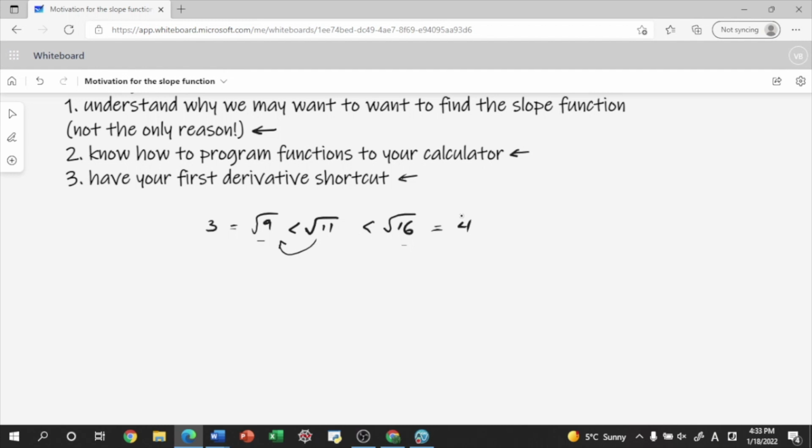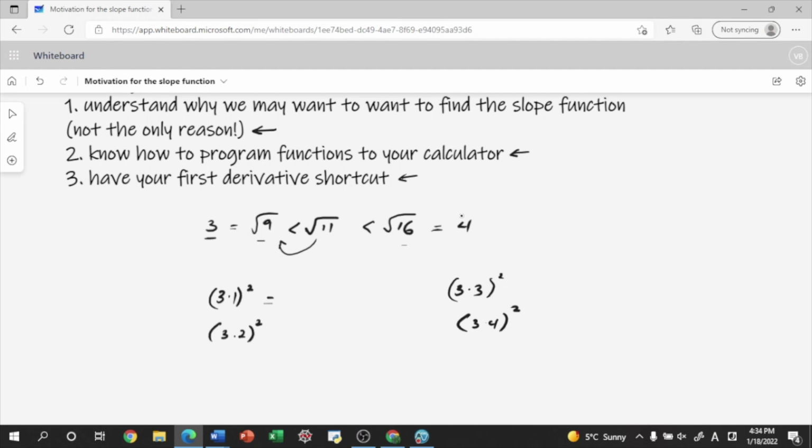So most students would take this approach of taking numbers slightly bigger than 3 and squaring them until we get close to 11. So for example, they may look at 3.1 squared, 3.2 squared, 3.3 squared, and 3.4 squared, and use these values to try and approximate the square root of 11.